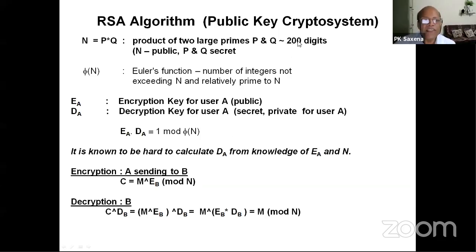If we take a small key size, there is no problem with computation time in encryption and decryption. But if we want secrecy, then P and Q should be much larger. These days we say that n should be 2048 bits, that is, P should be 1024 bits and Q should be 1024 bits. Such a large computation takes time.